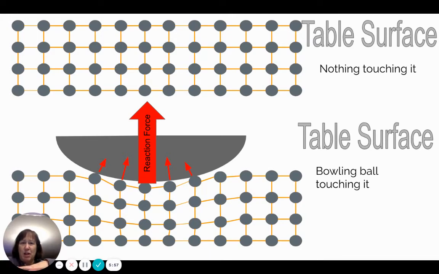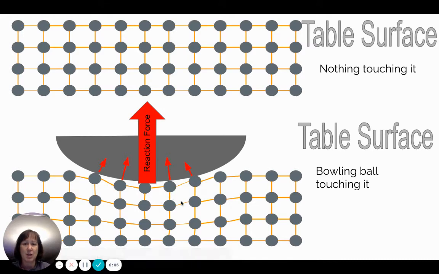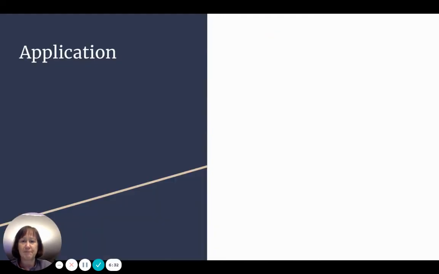It can only go so far, and so they push back because these atoms can never be pushed into the next atom. The atoms all have to have space between them, or a space for the electrons to go between them. So this reaction force, or the normal force, is the push of electrons as we try to make the electron clouds move closer, or we push against the electrons. They're pushing back. Okay, they're repelling back because negative charges repel. So that push is the normal force.